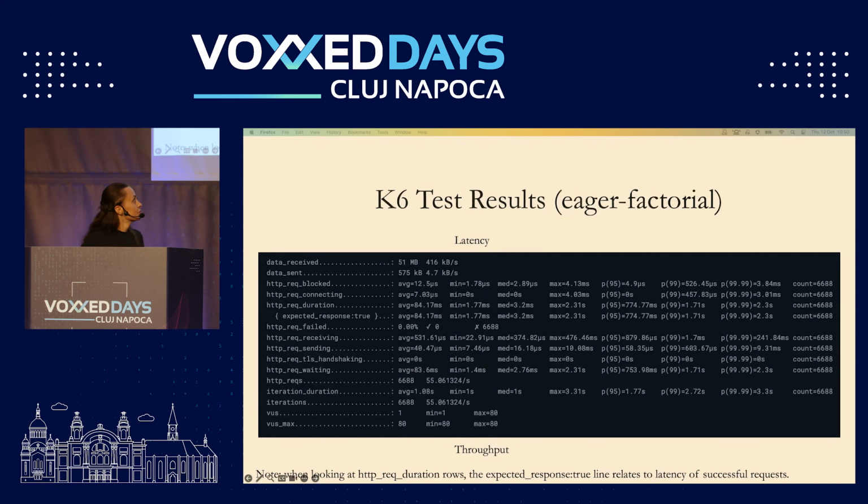How are the results? I'm going to look at the HTTP request duration line and HTTP request failed. I'm interested in throughput, like how many requests I got, what was the average, what is the percentile 95, percentile 99, and percentile 99.99, and compare that.